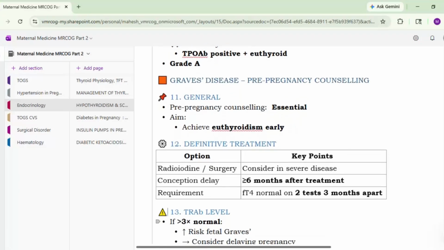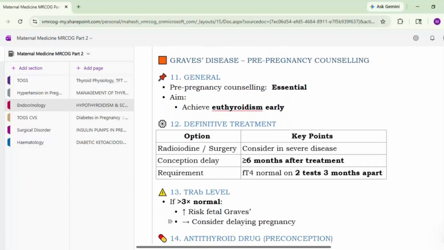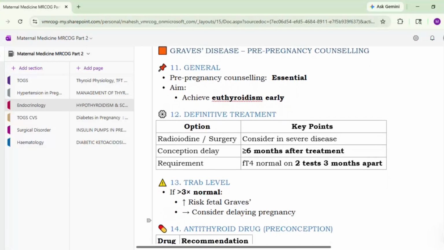So in preconception, what are the options available for her? One, she can go for radioiodine, two, surgery, and third, she can be on medications, depending upon that particular condition. Radioiodine or surgery will be considered only in severe disease.